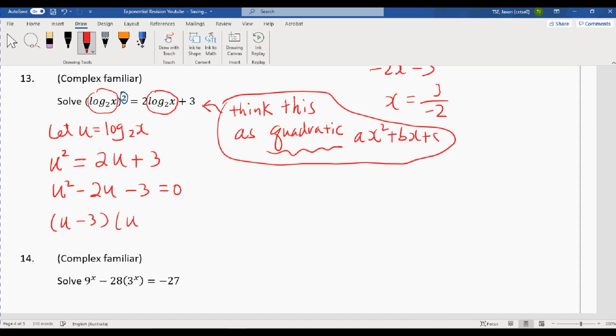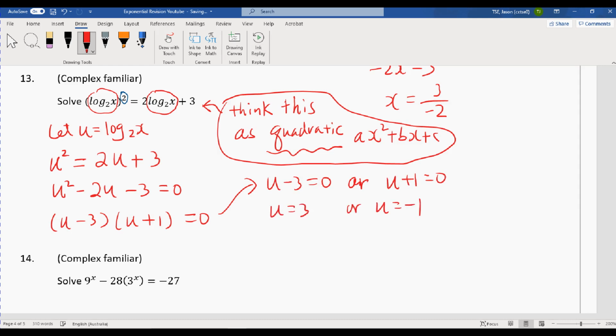Of course, I'm not going to do the method of decomposition or cross method again. This is just a normal quadratic equation, right? So let's continue, and we use the null factor law. That means u equals 3 or u equals minus 1.